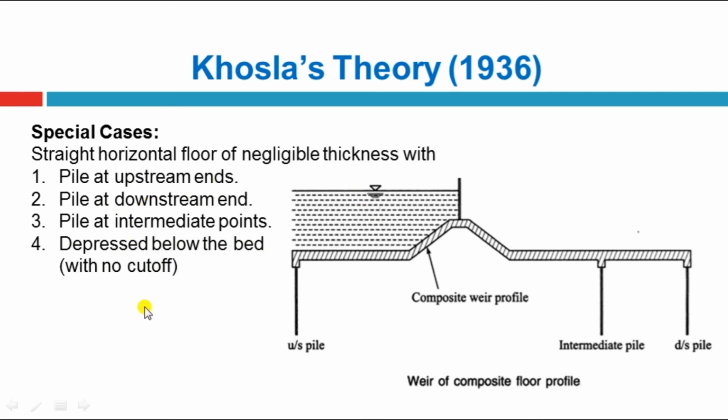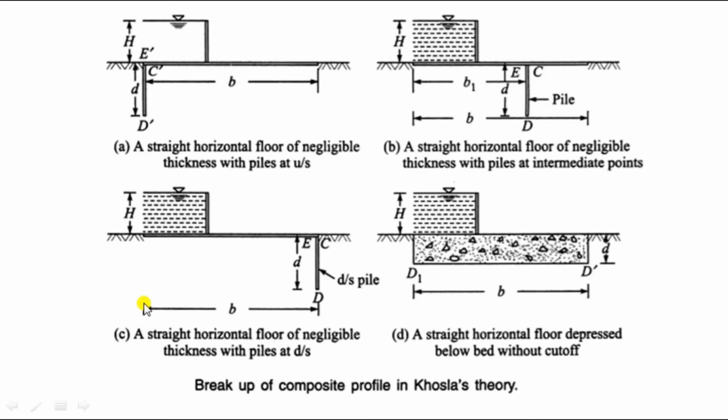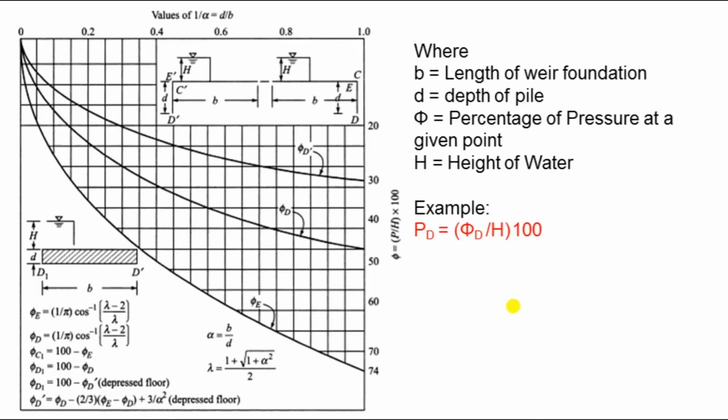There are three to four cases: the first case, second case, third case, and fourth case, where B is equal to the length of floor. He also gave a diagram for 1 upon alpha calculation.